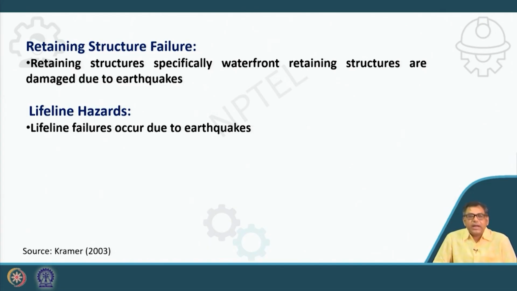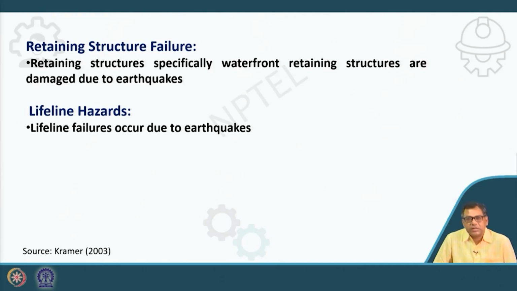Next one is the lifeline hazard. So what is a lifeline? Lifeline means all the facilities that we use: the transportation facilities, roadways, railways, electricity, water pipes or sewerage lines, oil pipes or oil storage facilities, oil refineries, and transmission towers.